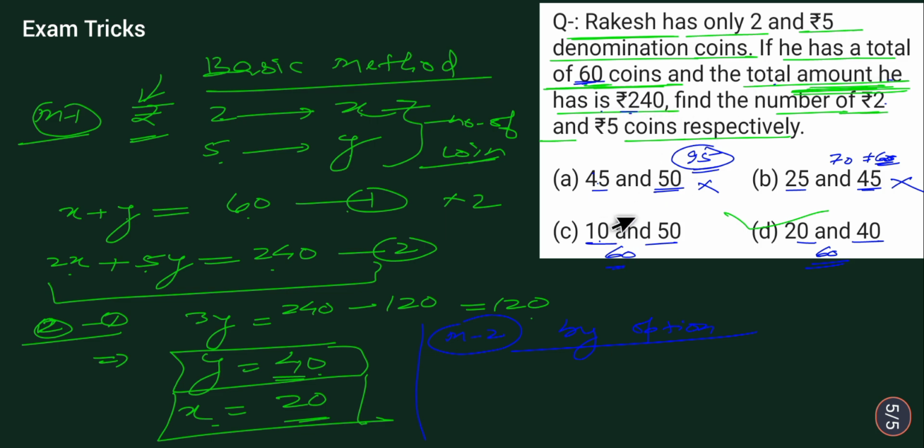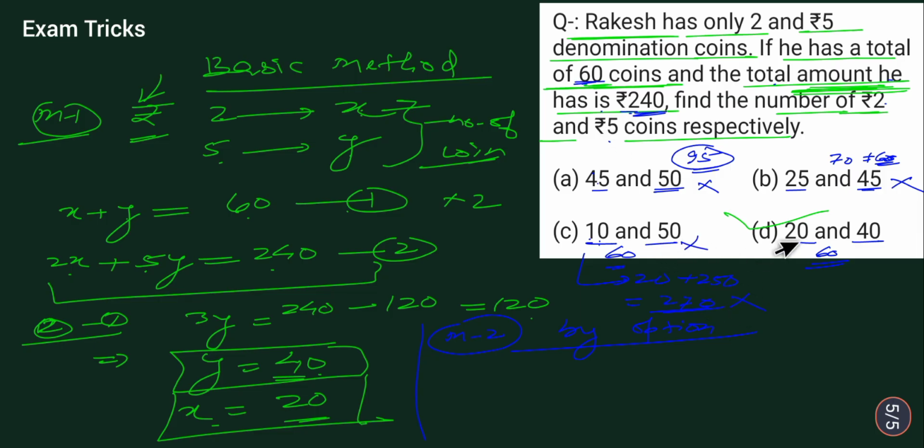If 2 rupees coins are 10, the total amount in this case is 2 into 10, that is 20, plus 5 into 50, that is 250. It means it is 270, but 270 is not the total amount, so C can't be your answer.